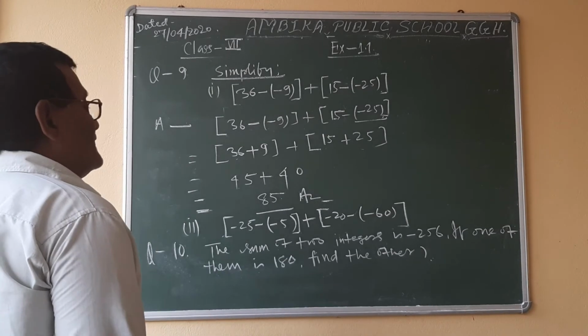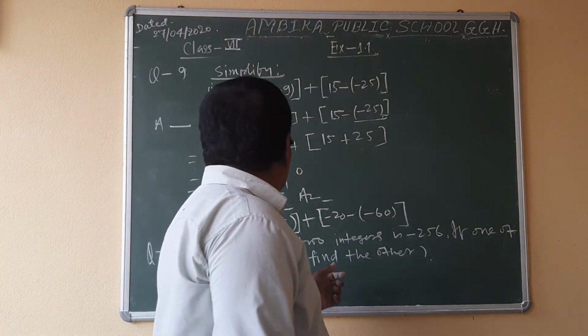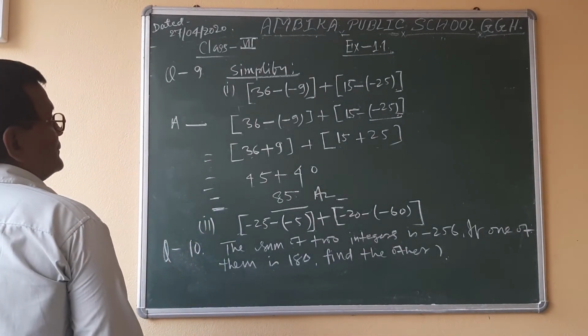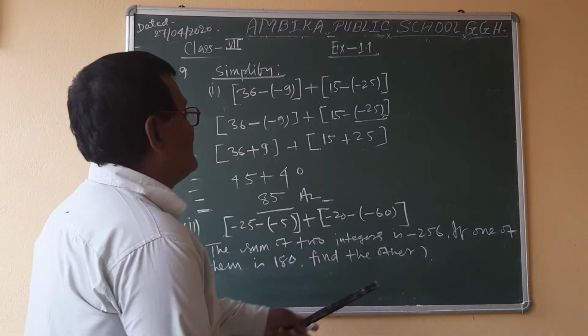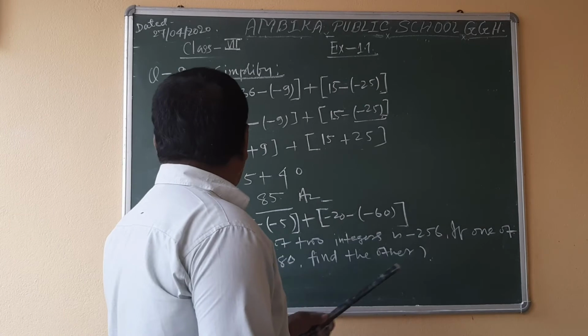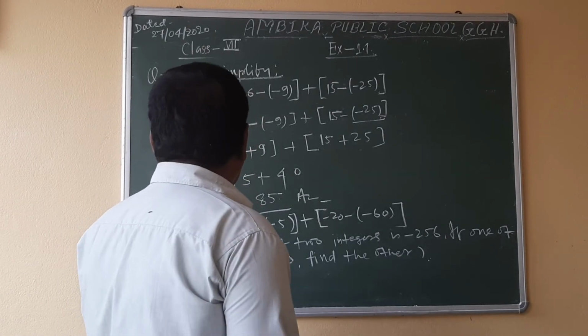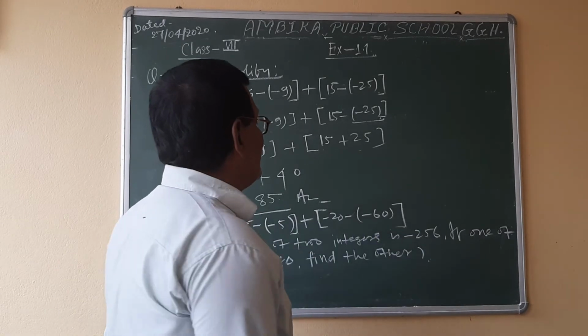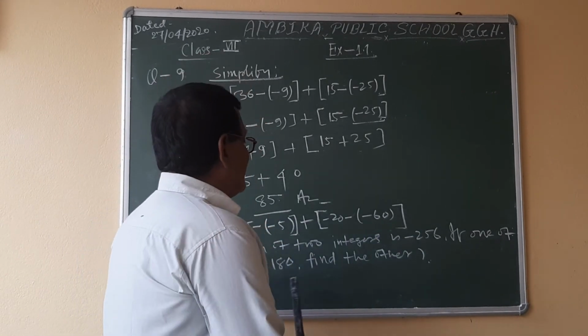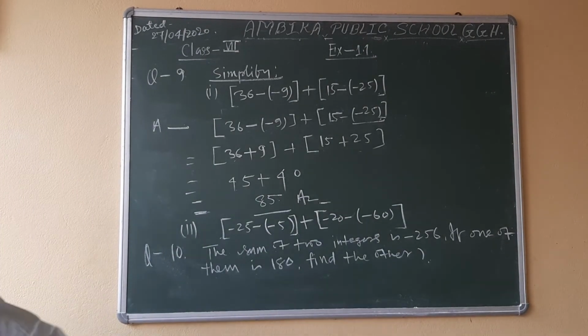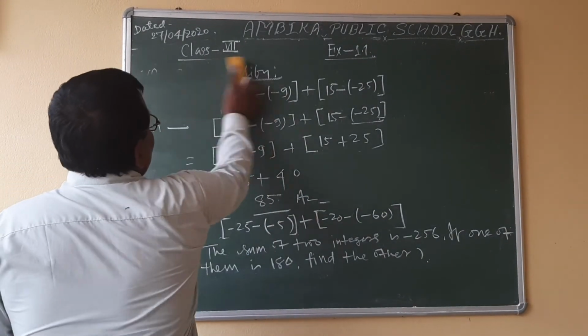To find the other number, we are given the sum is equal to minus 256, and one of them is 180. So subtracting 180 from minus 256, we get the other number.